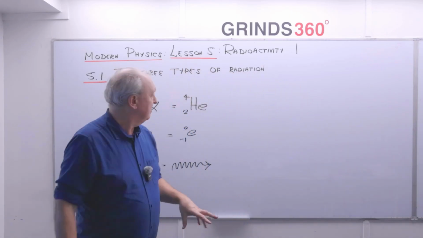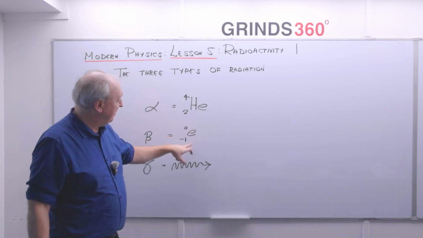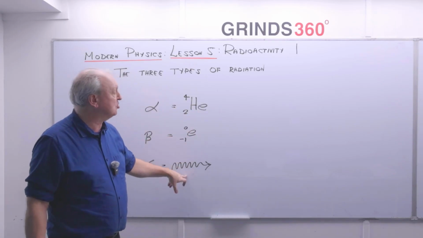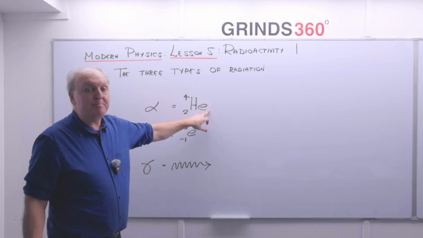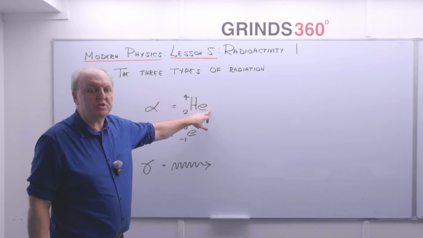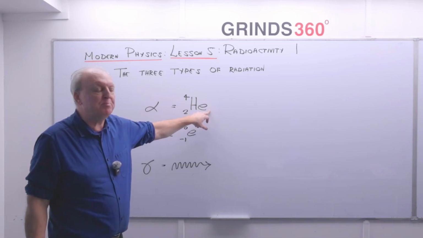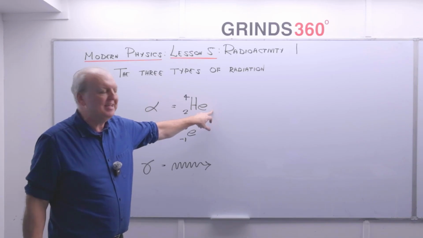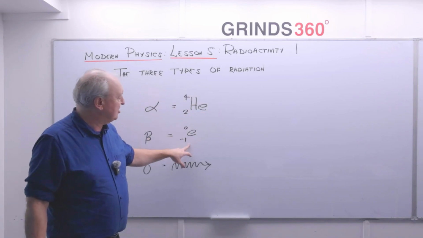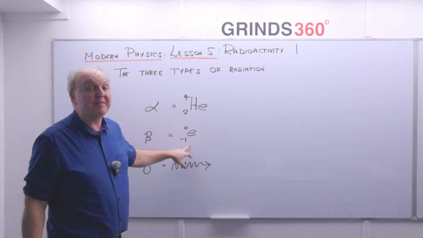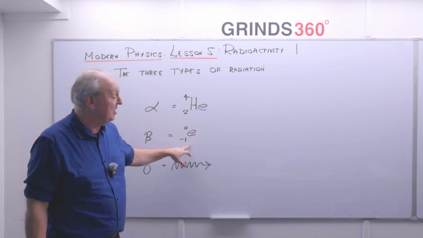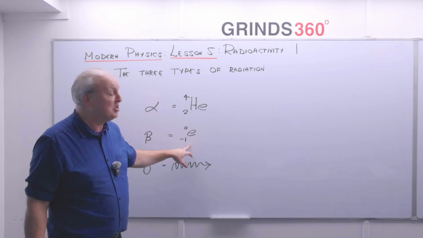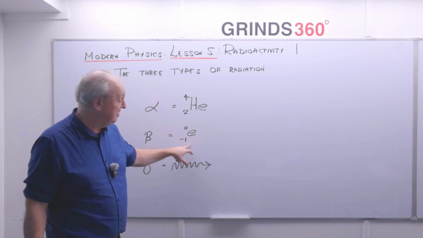Their properties: they're positively charged, negatively charged, and neutral. Alphas are very big, they have a high ionizing ability, and therefore a low penetration power. Their range is about 1 centimeter in air. Betas are much, much smaller, therefore they have a lower ionizing ability because they don't crash into the air molecules too often. They go further, their range is about 500 centimeters in air.